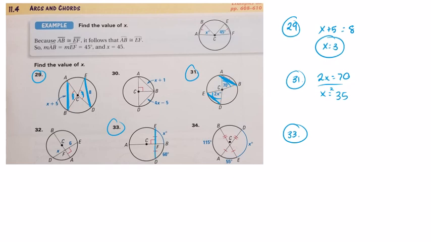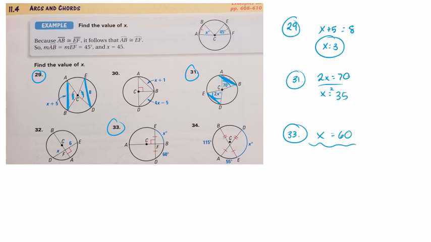Because these chords are congruent, I have a perpendicular bisector, AB is diameter. You know all this information just by the picture. X should equal 60 degrees. And you don't even really have to solve that. It's just how it's written.